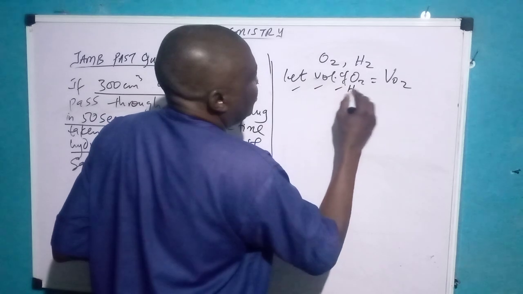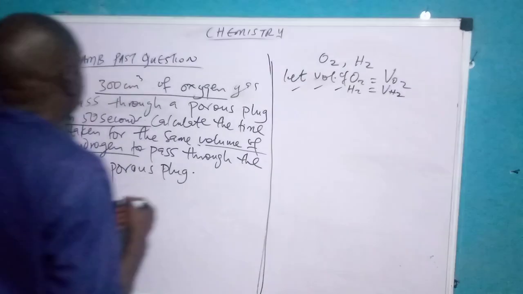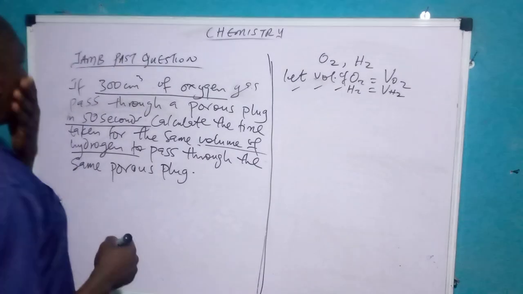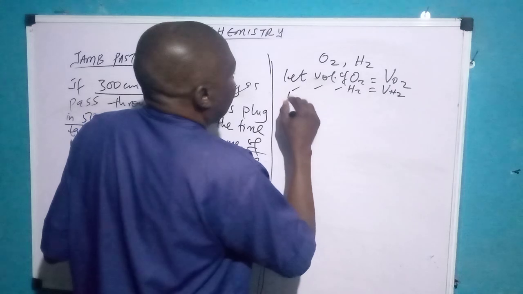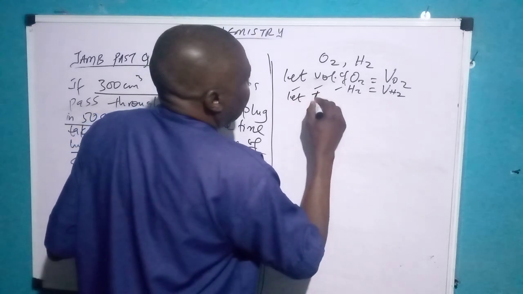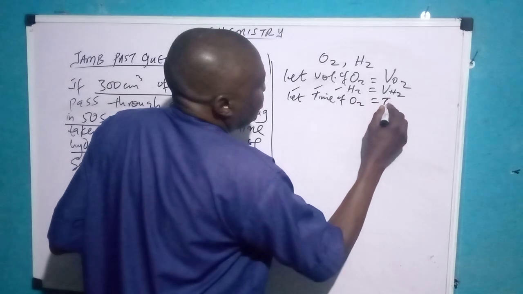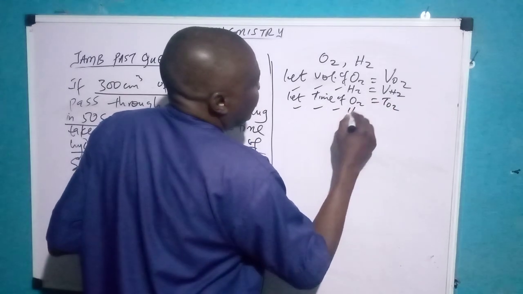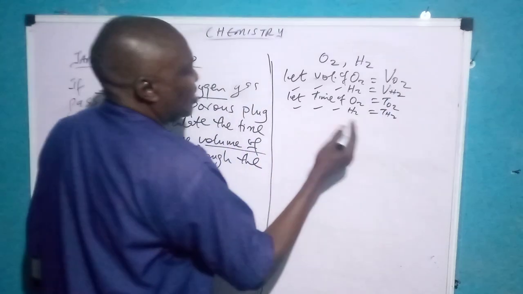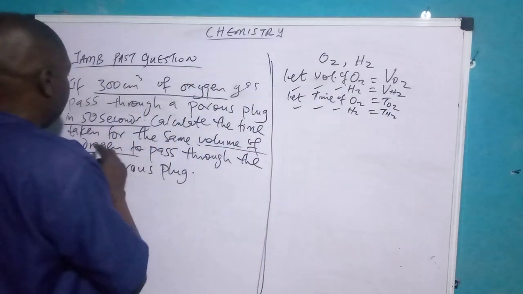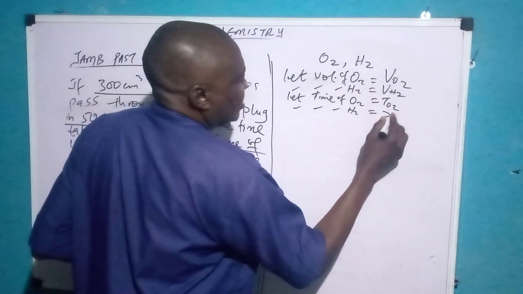Let the volume of hydrogen equal VH2. 300 cm³ of oxygen passes through a porous plug in 50 seconds. Let the time of oxygen equal TO2. Let the time of hydrogen equal TH2 or X, because we are looking for hydrogen. Calculate the time, so we take the one of hydrogen as X.